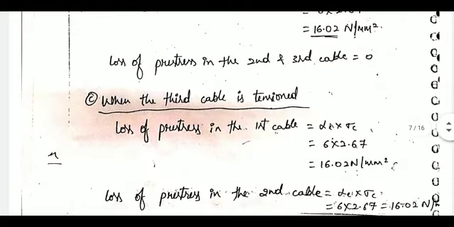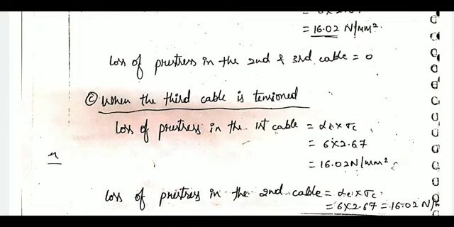Then when you come to the third cable, you need to fix the second one also. So while fixing the second cable, again a certain amount of prestress is going to be lost in the first cable. So in the first cable you need to find the loss of prestress twice.